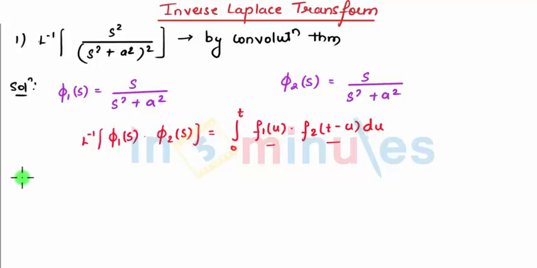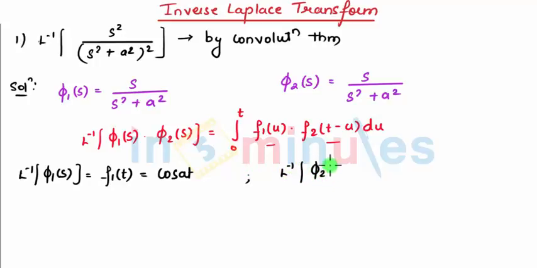I can say L inverse of phi 1 of s, that is f1 of t, is nothing but cos at. In a similar way, L inverse of phi 2 of s, that is f2 of t, is again cos at.